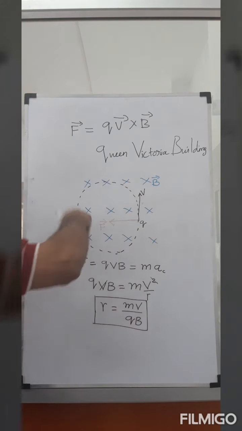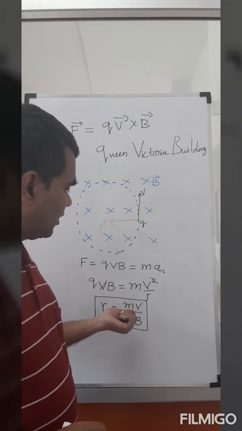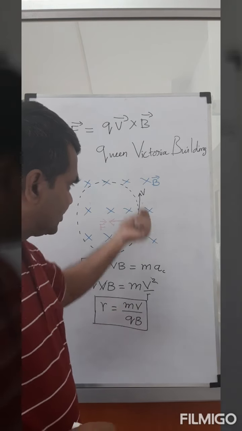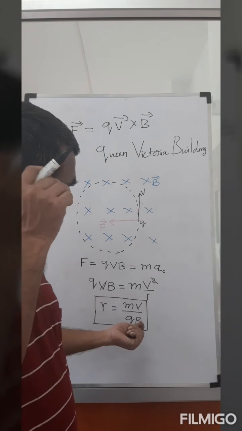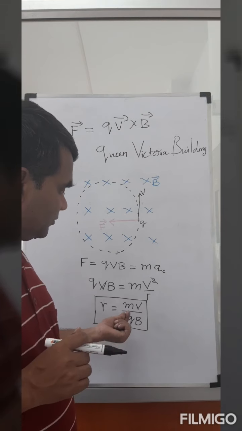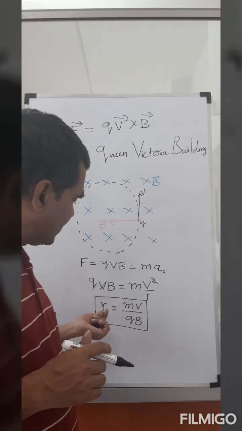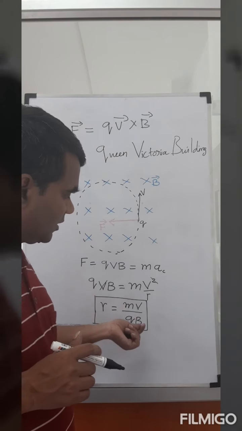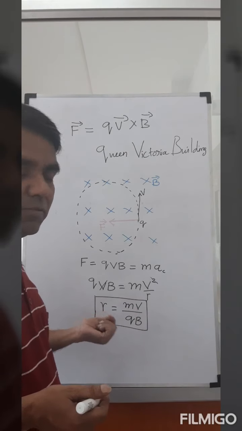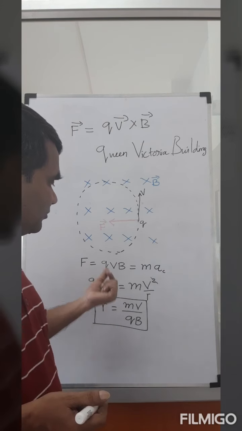So the radius of the circle the charge makes depends on the mass, the charge value, the speed with which it is moving, and the magnetic field value B. If the charge is more, then the radius will be smaller, and if the field value is more, then also the radius will be smaller, because the force will be more in this case.